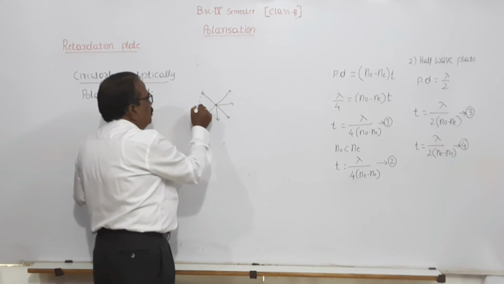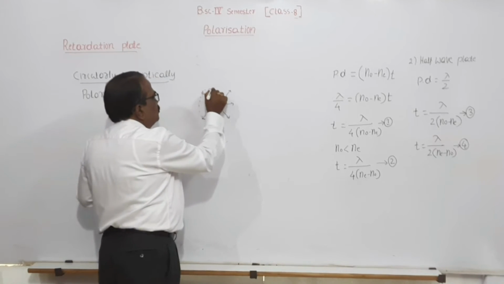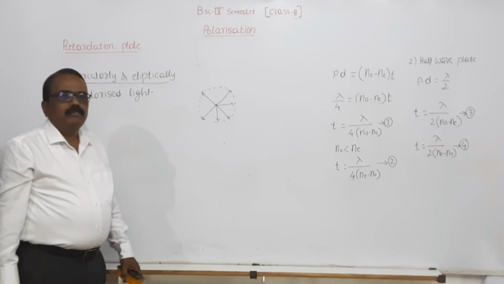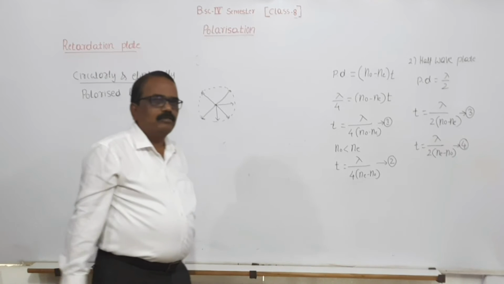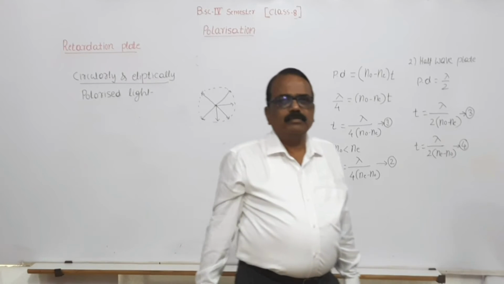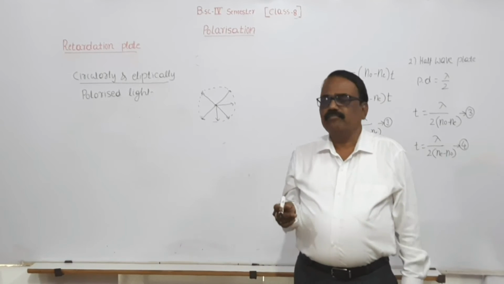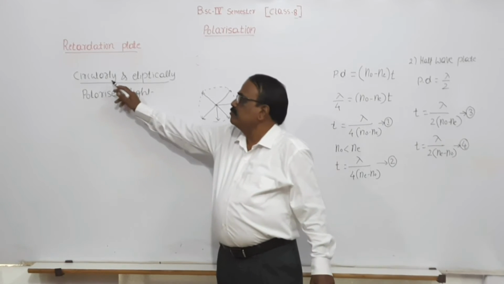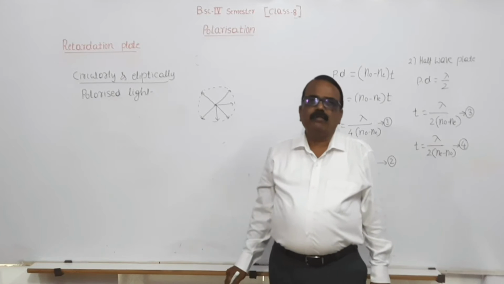If you join the tips of these resultant vectors, the tip of the resultant vectors describes a circle. Such light is called circularly plane polarized light.